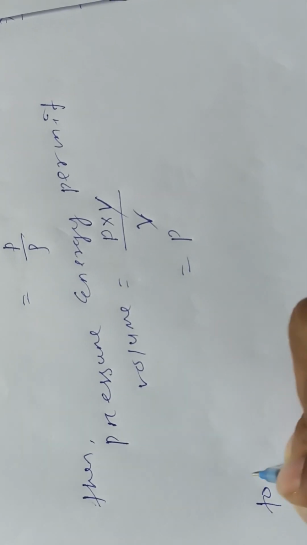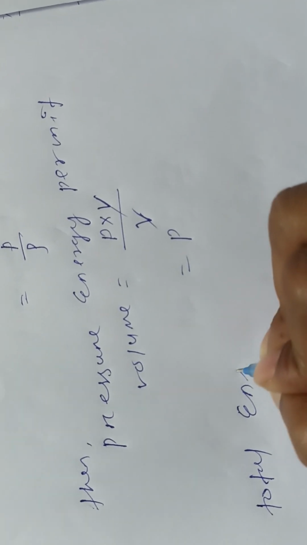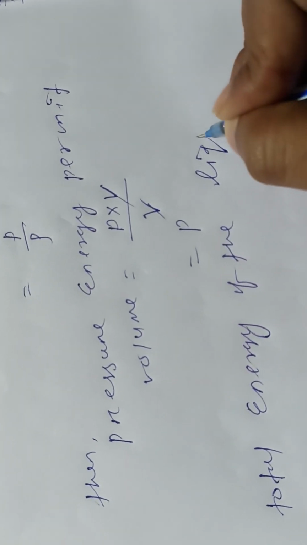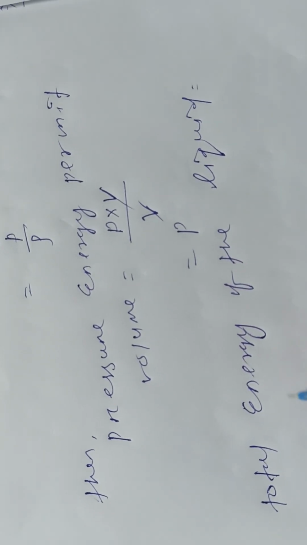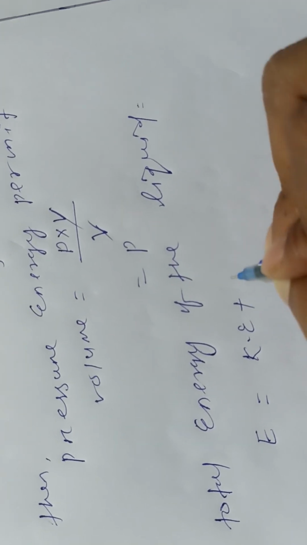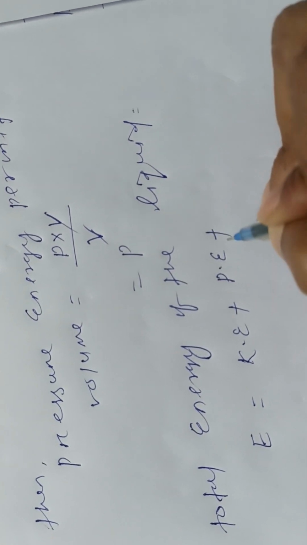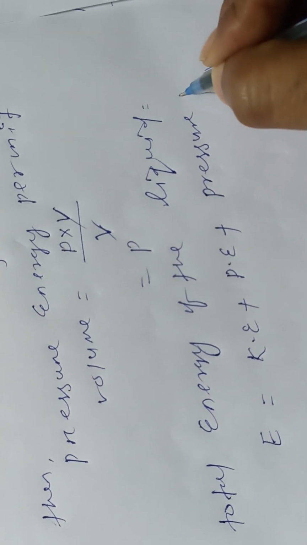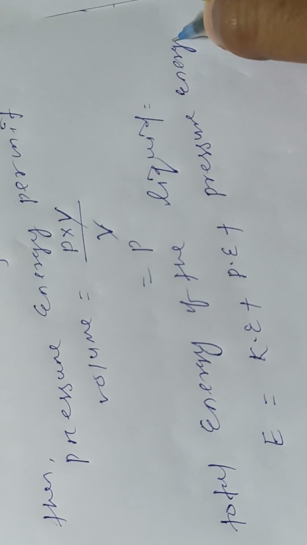So we find the total energy of the liquid. The total energy of the liquid is equal to the kinetic energy plus the potential energy plus the pressure energy of the liquid.